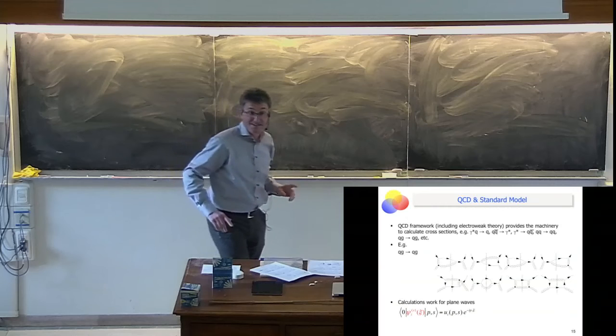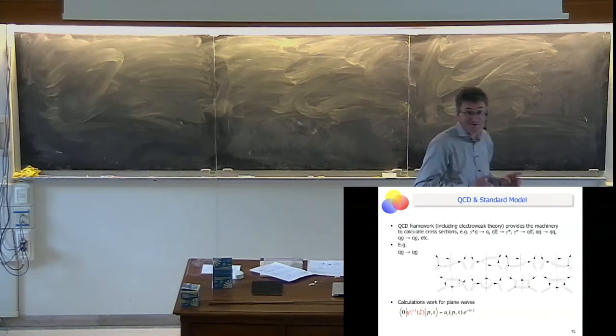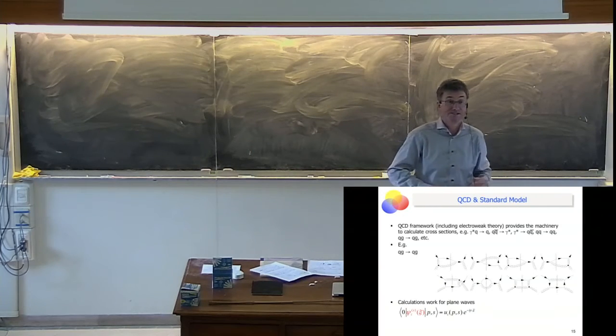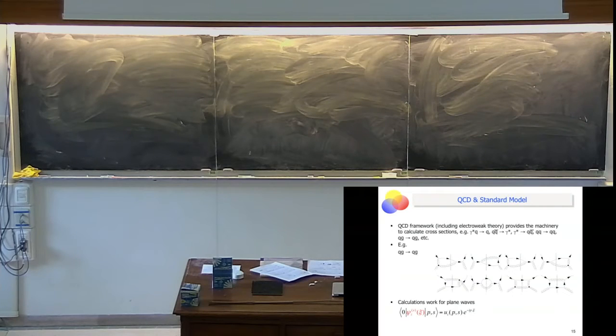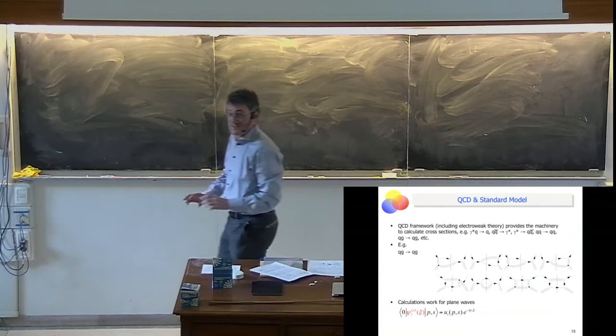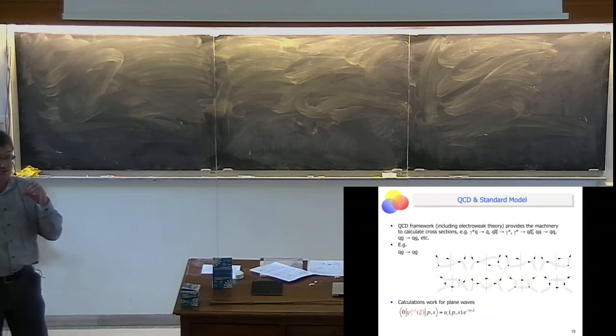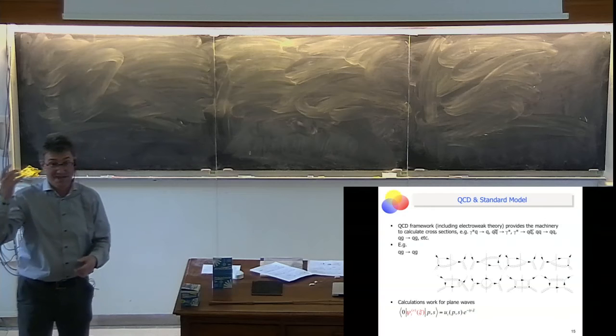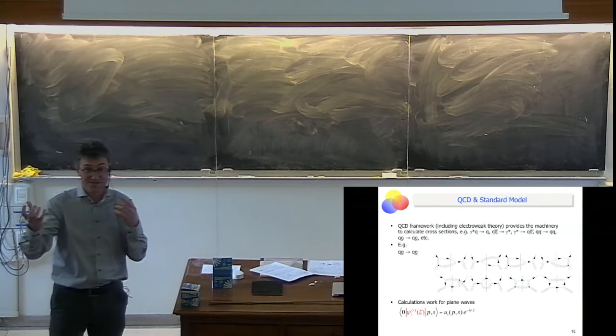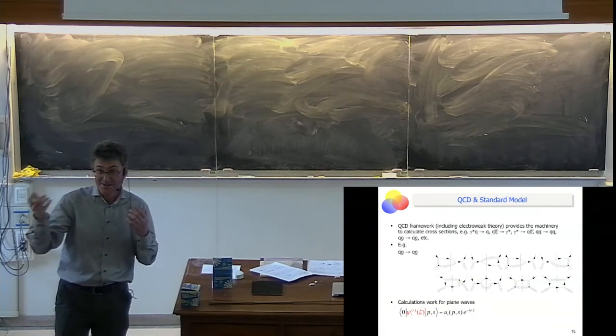Then you start calculating this, and you have learned in high school how you do this. For all of these external particles you use a U spinor and a U bar spinor, depending on whether they are outgoing quarks or incoming quarks, and you use epsilon mu if it's an outgoing gluon.